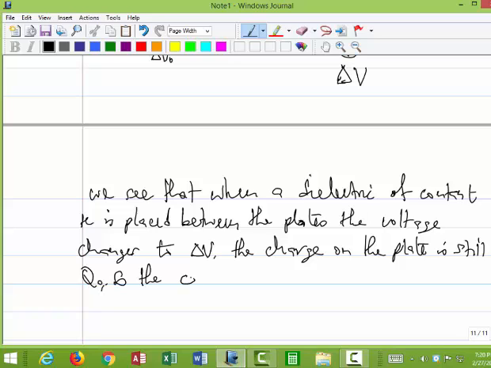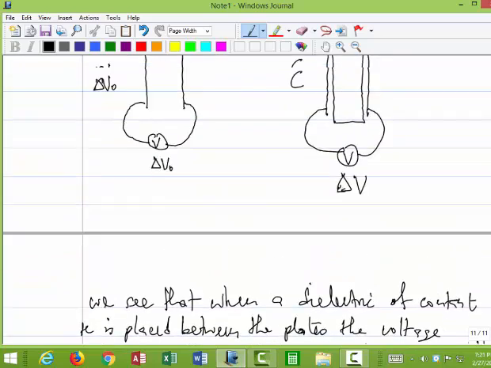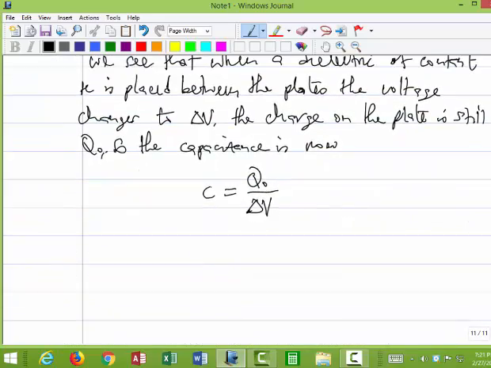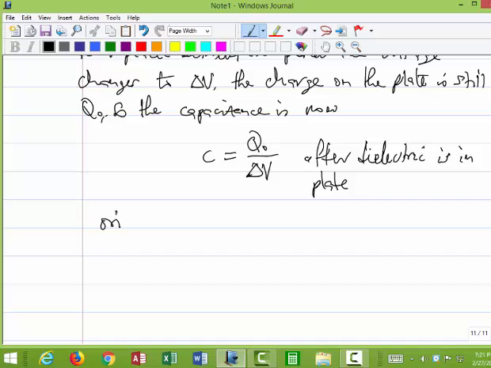So the capacitance is now given by C equals Q naught over delta V. Initially we had capacitance C naught. After the dielectric, the capacitance C is given by Q naught over delta V. Originally, C naught is equal to Q naught over delta V naught.